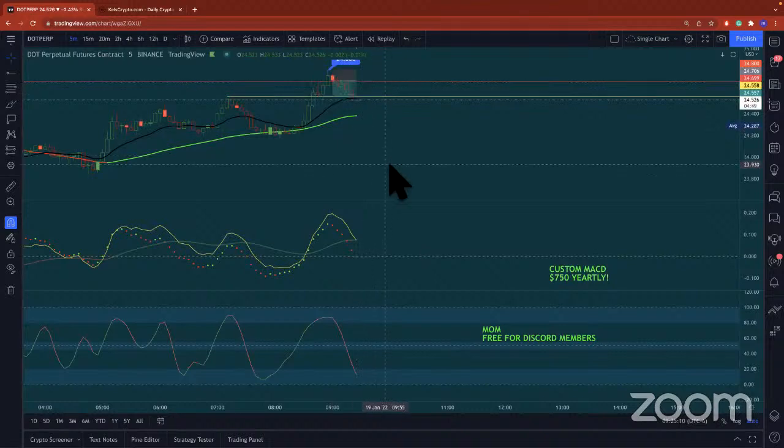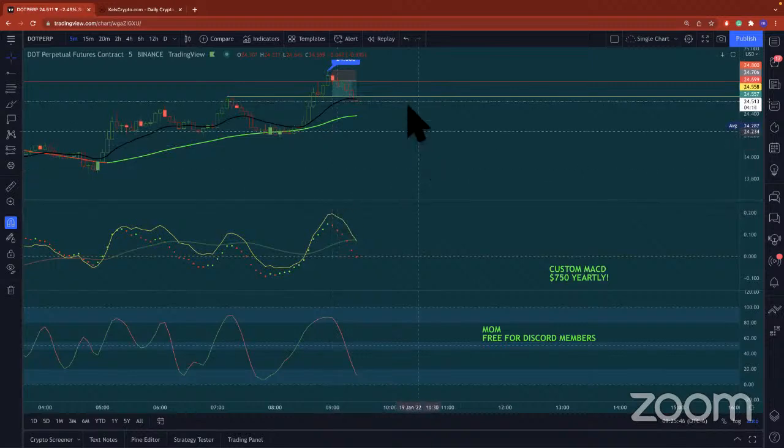Let's do the math. $125 trade times 0.6% equals 25. Pretty good, pretty good. Now we just wait for the next one.